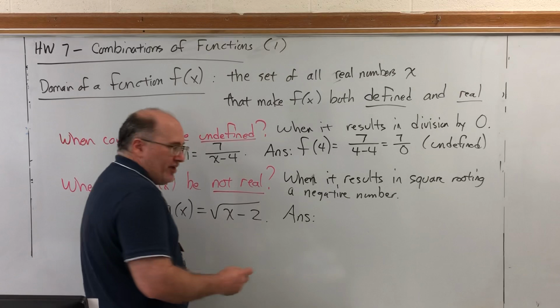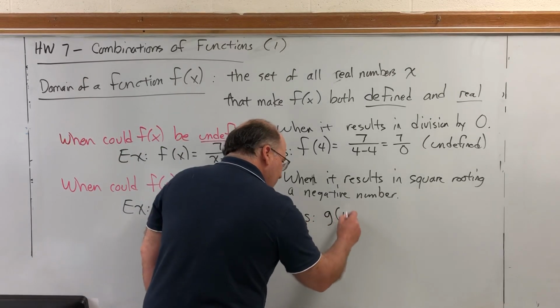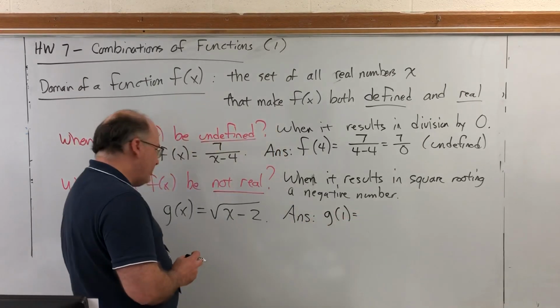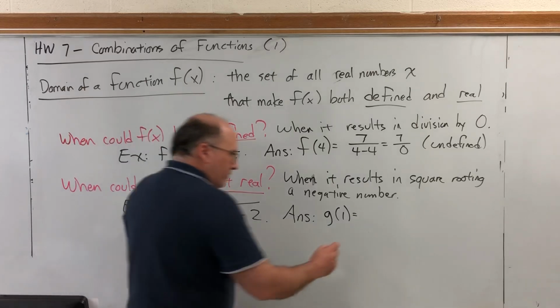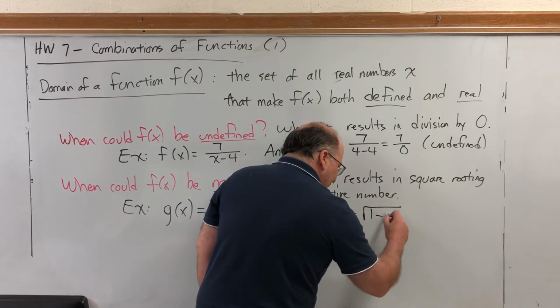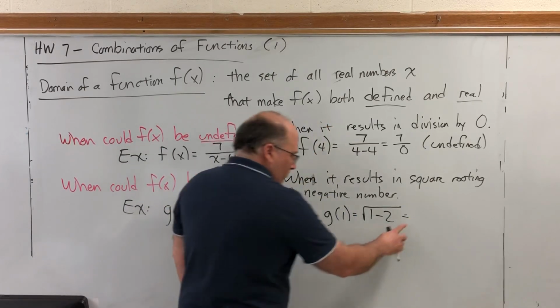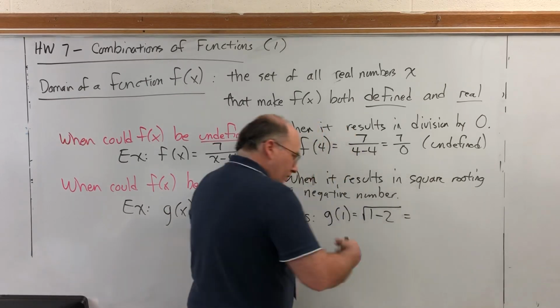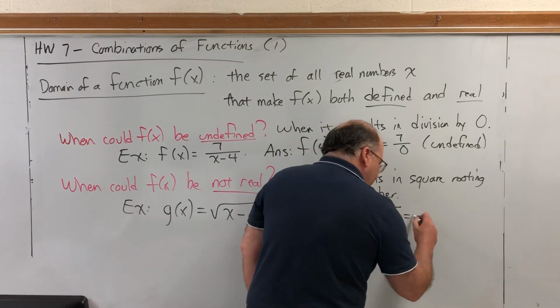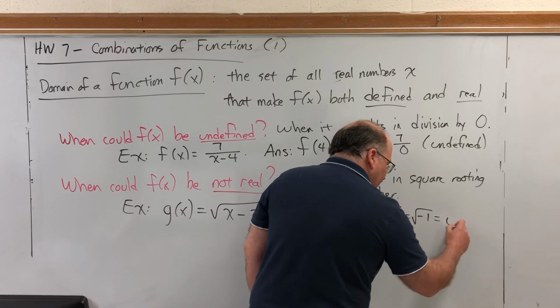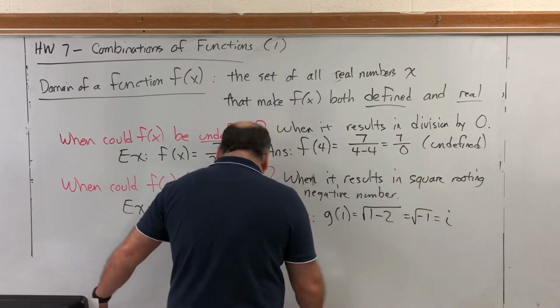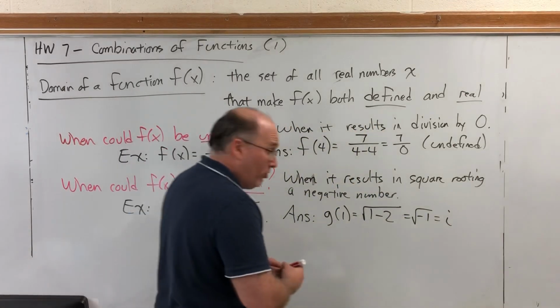In fact, let's try the number 1. If we substitute 1 into the function, we'll take the square root of 1 minus 2. Well, 1 minus 2 is negative 1, and the square root of negative 1 is imaginary. And more importantly, not real.